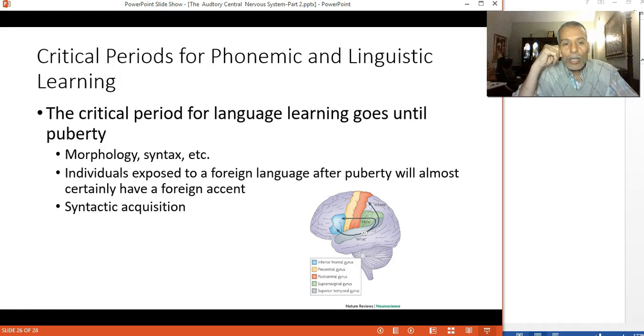I wanted to mention one thing about syntax. I'm sure all of you have studied Chomsky and his ideas about syntax. These are taught in psychology courses and in language courses.